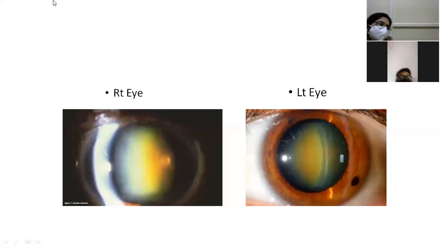Then hydrodissection is done. Yes, ma'am. Okay. What is the purpose of hydrodissection? To separate the corticonuclear mass from the posterior capsule, sir.